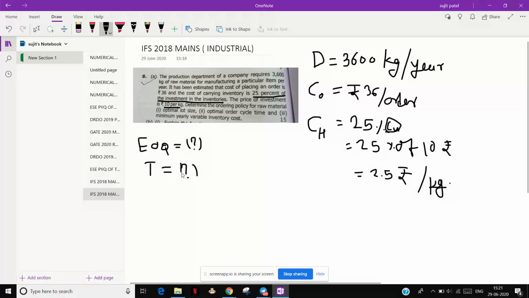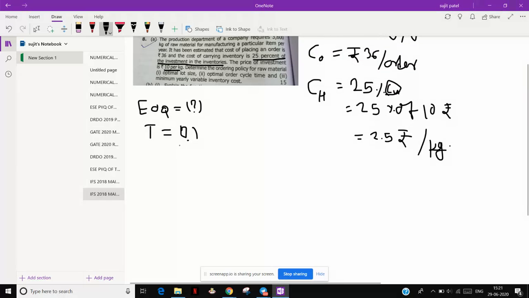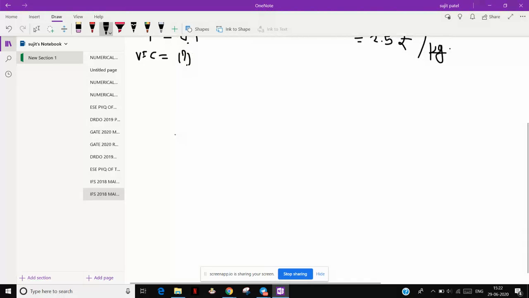And the third is the minimum yearly variable inventory cost, VIC, variable inventory cost per year.